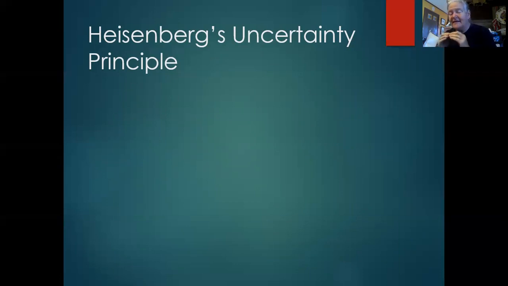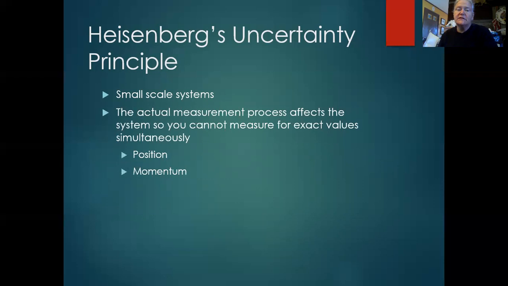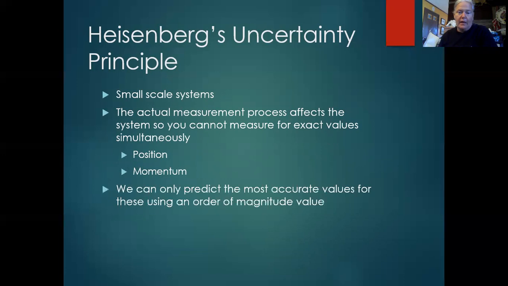So there is a limit to how accurately I can measure a quantum system, and that's determined by Heisenberg's uncertainty principle. So you cannot know exact values for either one of these things simultaneously. Okay, you have to sacrifice one to get the other. And this is usually on a scale of an order of magnitude because of light affecting our system.